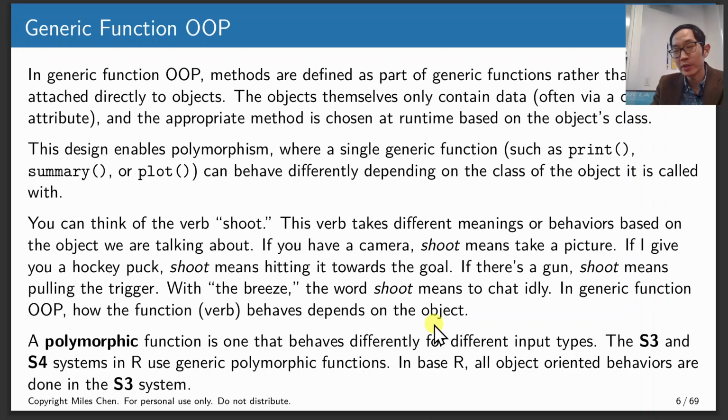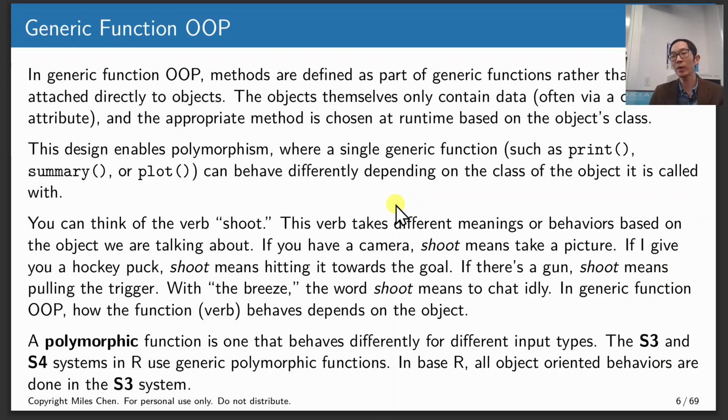We have generic function OOP, which is a completely different system of object-oriented programming. In that case, you have these generic functions, and those functions have methods, okay? So rather than having the camera with the different functions that the camera can do, like shoot a picture, now we have generic functions.